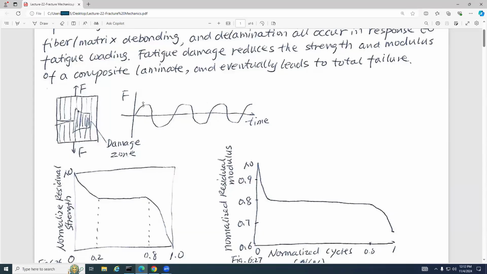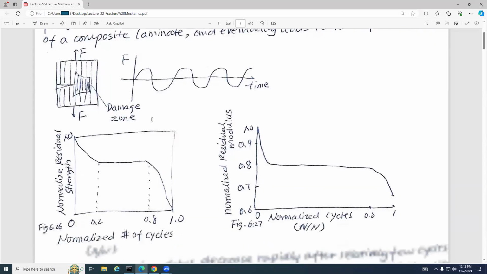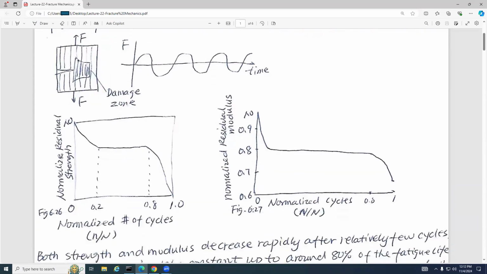So the first figure illustrates how the normalized residual strength decreases as the number of cycles increases. So this is normalized. Here normalized means that the actual number of cycles is divided by the number of cycles for the panel to fail, so this is capital N. And here is the normalized residual strength.